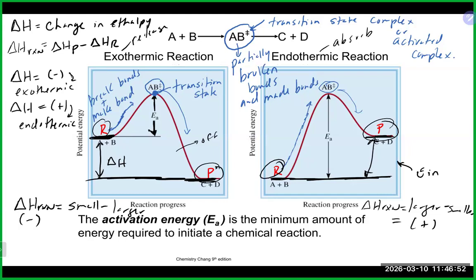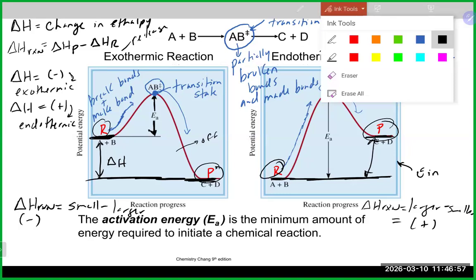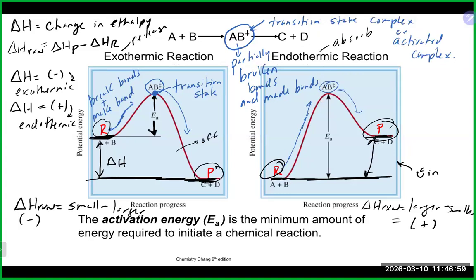Now, obviously, as you could probably see, when we look at the hill here in terms of our activation energy, this hill would have a pretty good effect on the rate of a reaction, right? So the bigger the hill, fewer molecules are going to have enough energy to get up and over to the other side, so most likely you're going to have a slower reaction than if you had a smaller activation energy hill, because again, more molecules could get up and over to the other side.